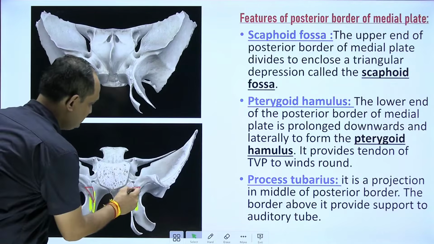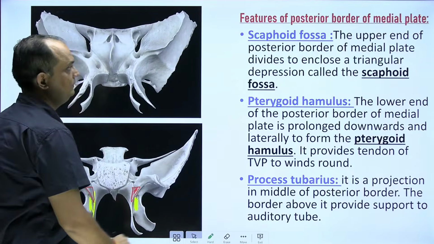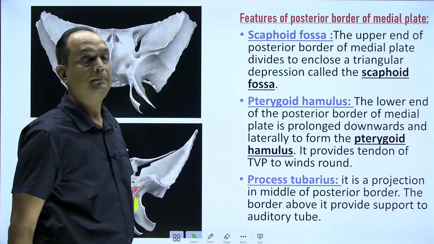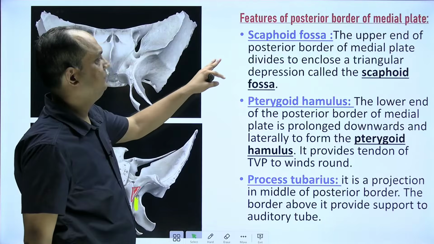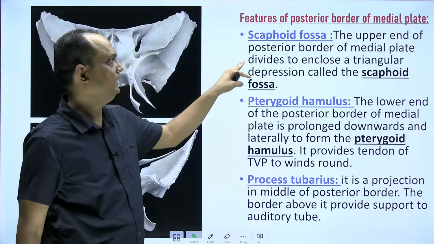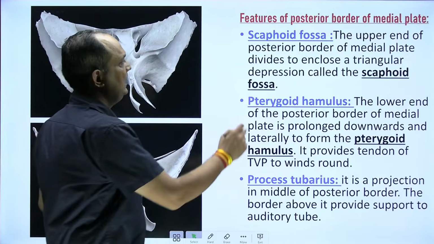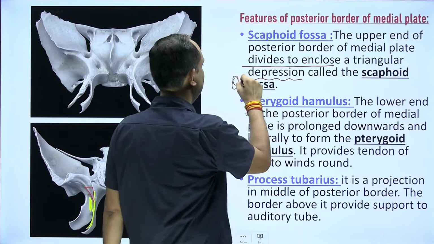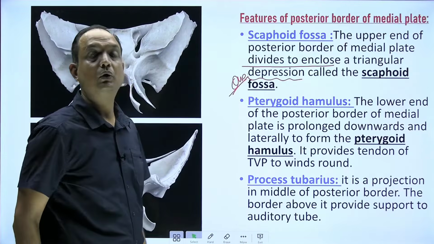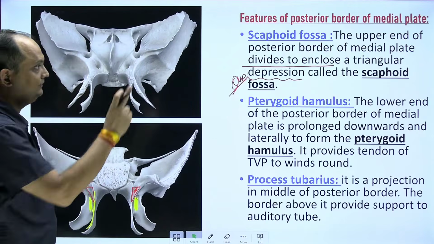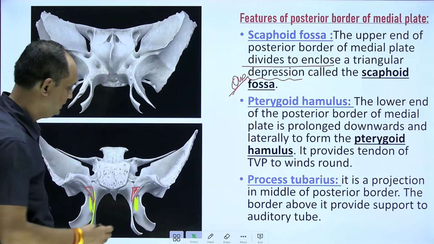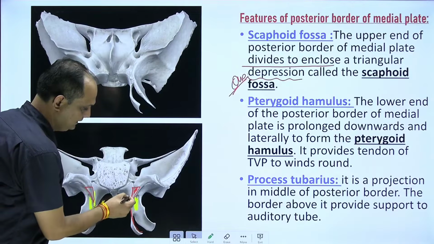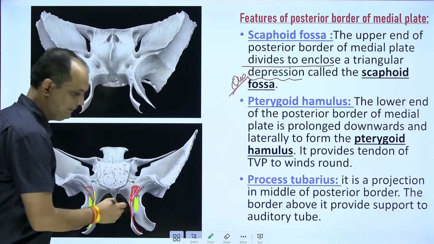This space provides origin to a part of the tensor veli palatini muscle. So, the scaphoid fossa is the upper end of the posterior border of the medial plate, which divides to enclose a triangular depression. This is the first question: locate the scaphoid fossa. You have to trace the posterior border of the medial pterygoid plate and in the upper part you will find a triangular depression.